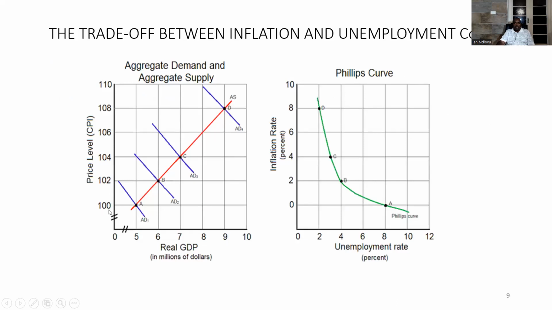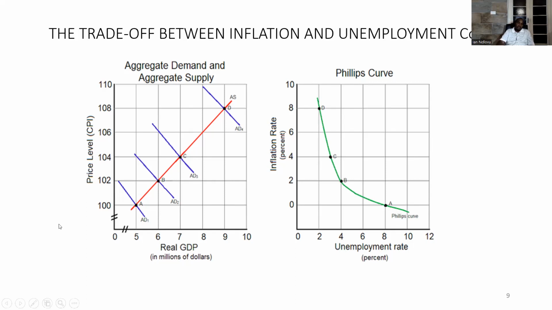If you look at your aggregate supply curve, naturally you would expect it to be upward sloping because of the issue of increasing costs, dynamic costs in the long run, and the issues to do with technology in the short run. The issues to do with your marginal cost, both in the short run and in the long run, are upward sloping. So naturally you would expect the short run aggregate supply curve to be upward sloping as well.